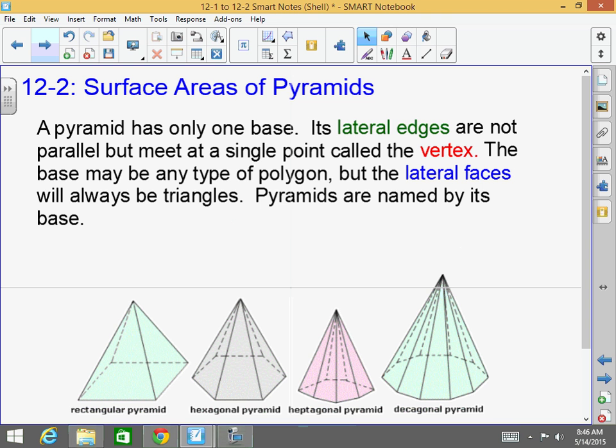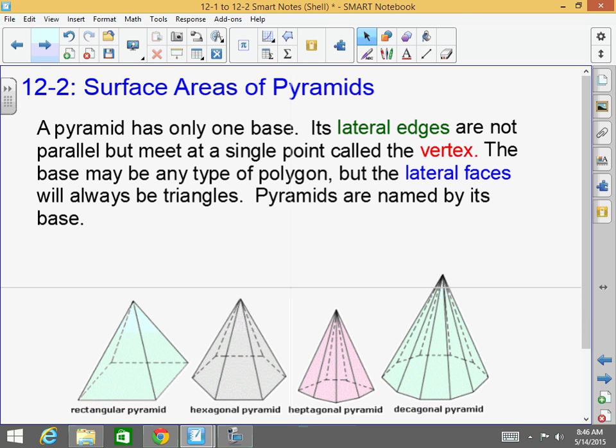12-2. Now we're going to talk about pyramids, guys. Don't worry, you can handle it. A pyramid, my friends, is different than a prism, hence a different name. A pyramid has only one base. That's the difference.